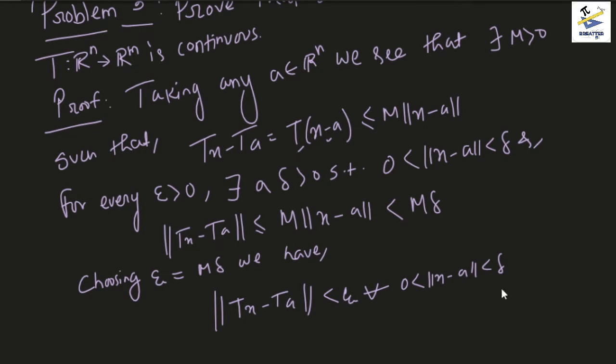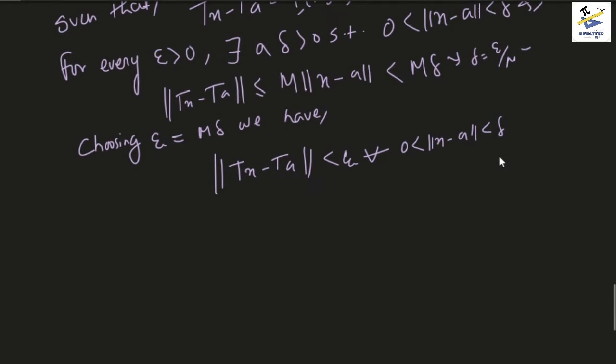Okay, so we can choose this delta as epsilon by M, and that would be it. So this means that obviously the limit as x tends to a of T(x) is equal to T(a), and thus the answer is proved. So we used something from the previous exercise to prove this exact thing.